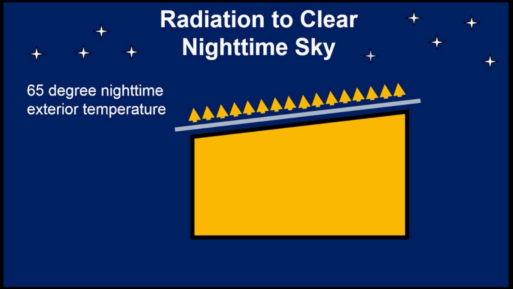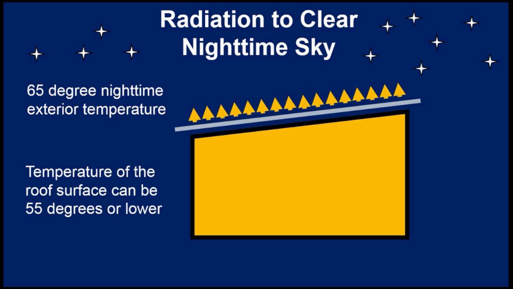Now, I'll talk a little bit about radiation. It happens primarily on clear nights when the temperature of the surface will be reduced because it's basically radiating to the outer space, which is near absolute zero.